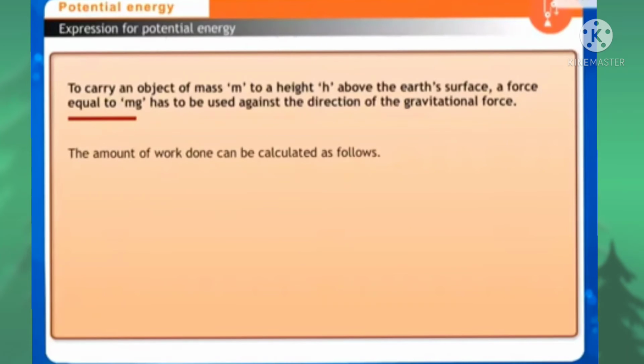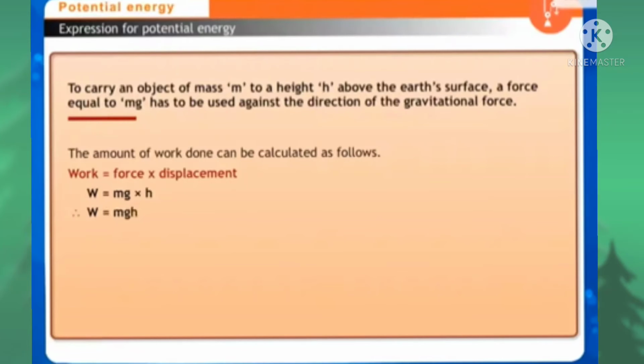The amount of work done can be calculated as follows. Work is equal to force into displacement. W is equal to mg into h.